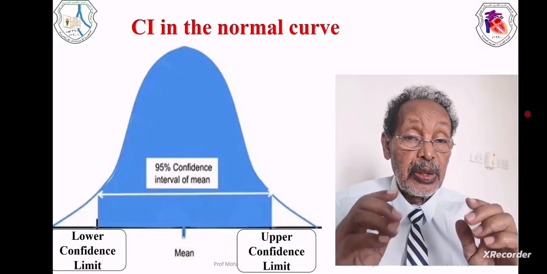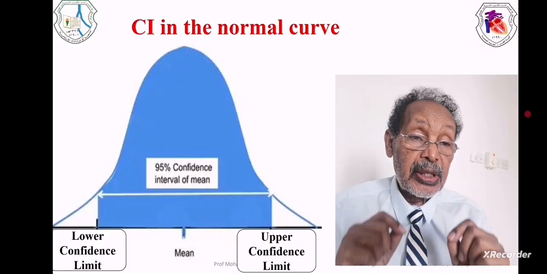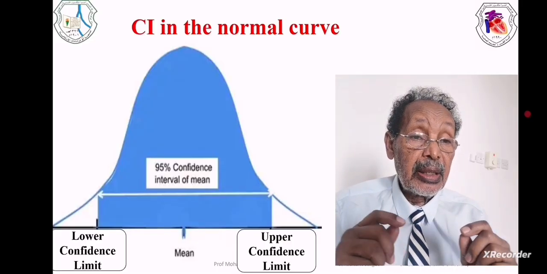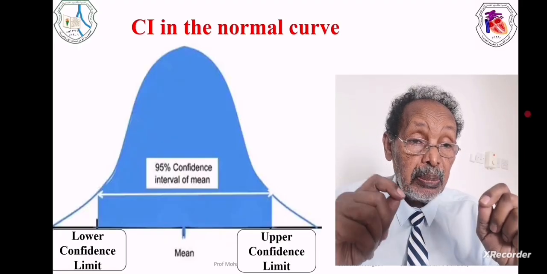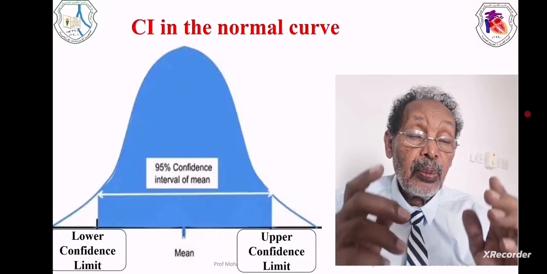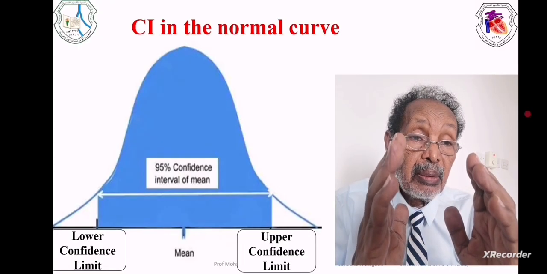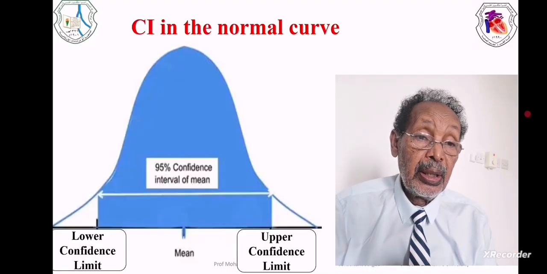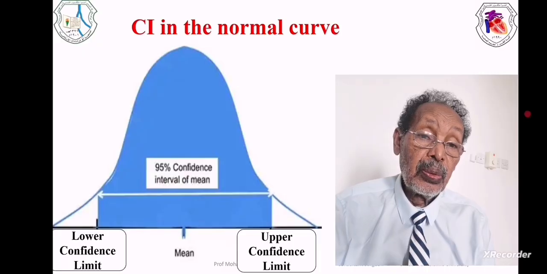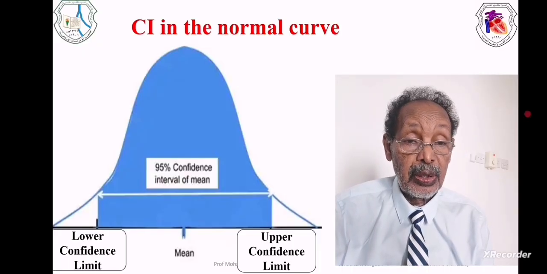When we speak about 95% confidence, this means that 95% of our estimates, including the mean, will lie within this bell-shaped graph as shown in the blue shadow in the diagram in front of us.